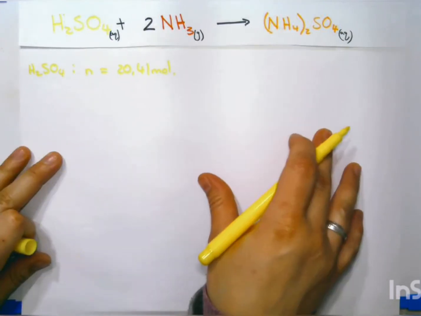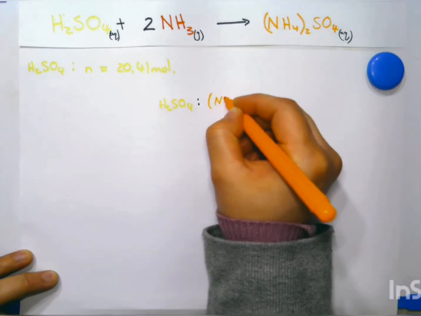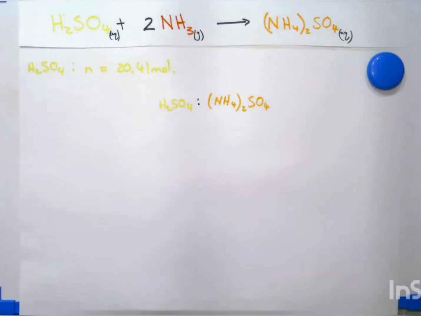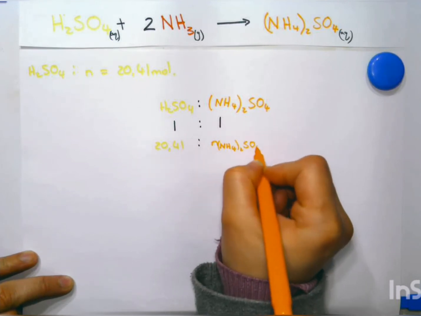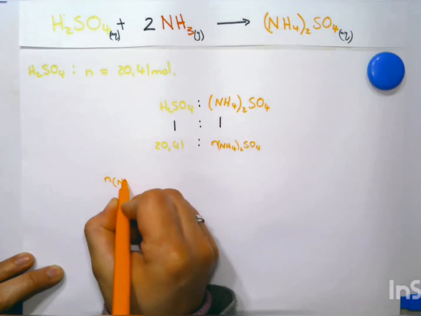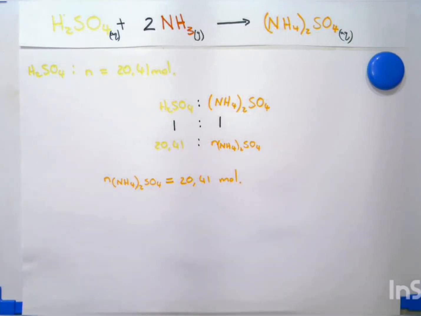So we have 20,41 mole of sulfuric acid. Now we want to know how much ammonium sulfate will form in grams. So our ratio is 1 to 1. So if we have 20,41 mole of sulfuric acid, how many mole of ammonium sulfate will that form? And of course, that will then be also 20,41 mole.